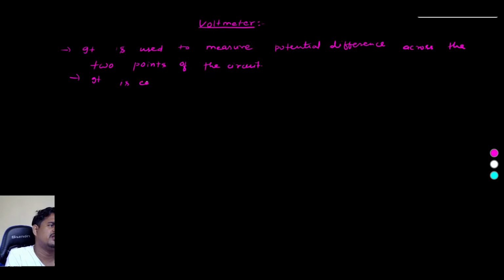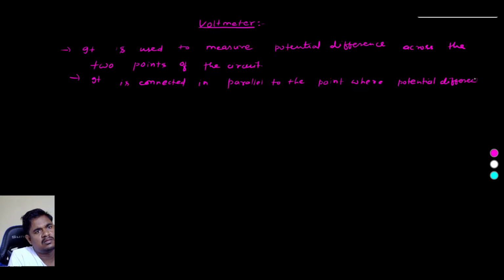It is connected in parallel to the point where the potential difference is to be determined. An ideal voltmeter has infinite resistance.